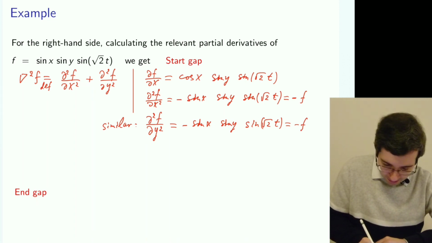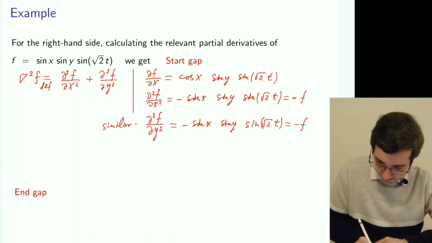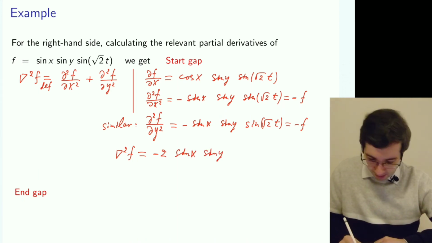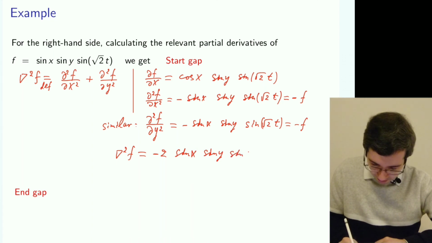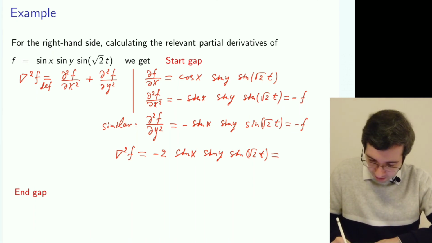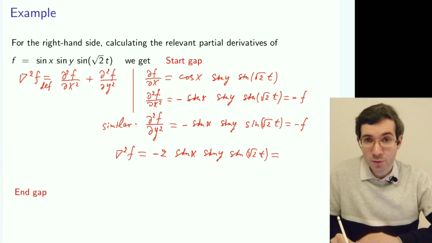And if we sum them up, according to the definition, we'll get minus 2 sine x sine y times the time factor, which is exactly the same as we have seen when we looked at the left hand side.